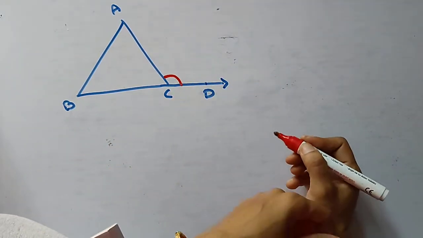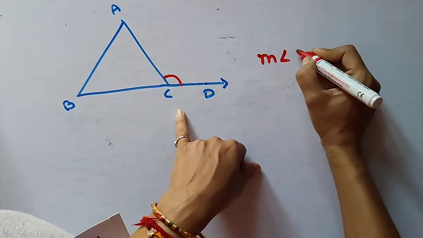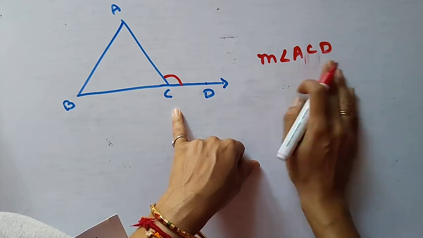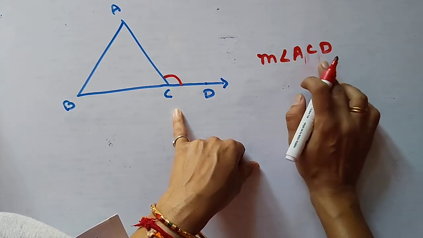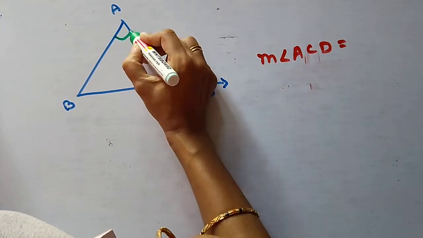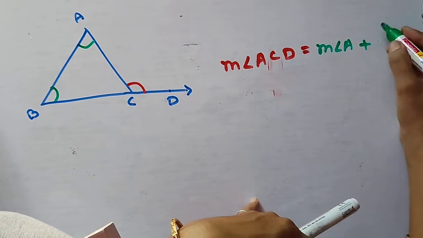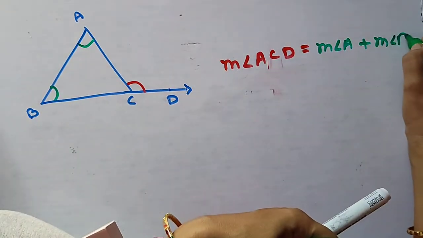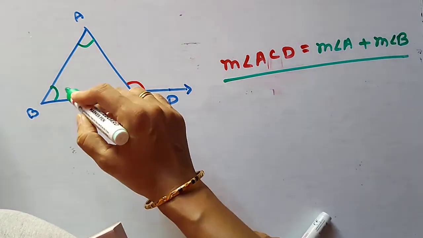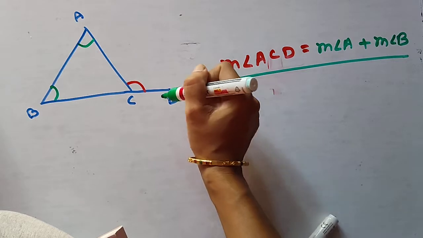So the measure of the exterior angle, that is the measure of angle ACD, we write in short form M for measure: m angle ACD equals the two opposite interior angles, that is measure of angle A plus measure of angle B. So angle ACD is equal to the interior opposite angles.